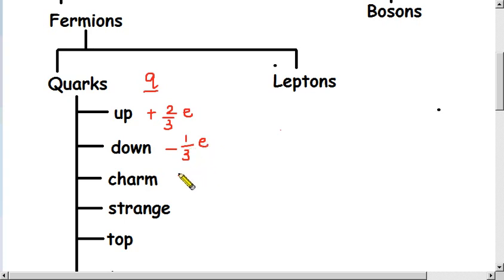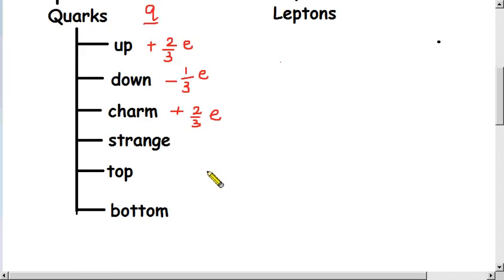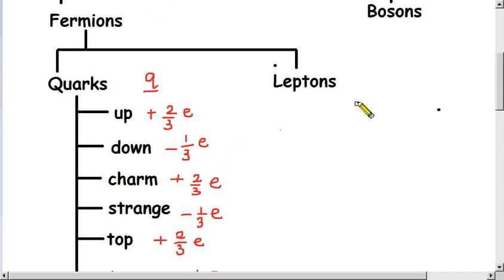Charm is again positive, 2/3 times E, and strange is negative 1/3 times E. Top is again positive 2/3 times E, and bottom is negative 1/3 times E. So that is a method which you can use to keep in your mind as a trick.